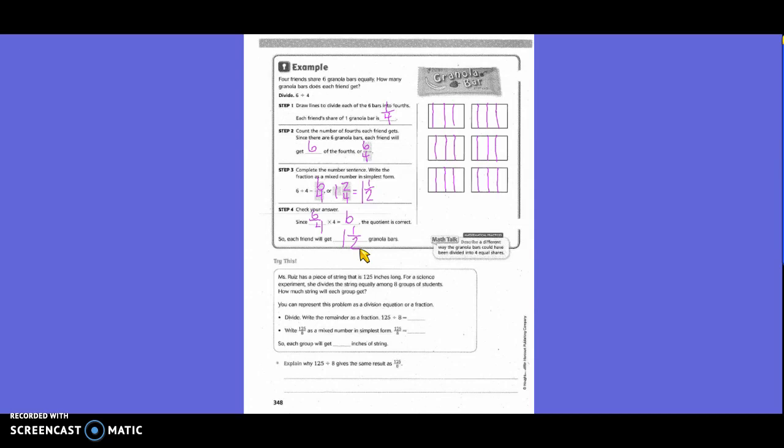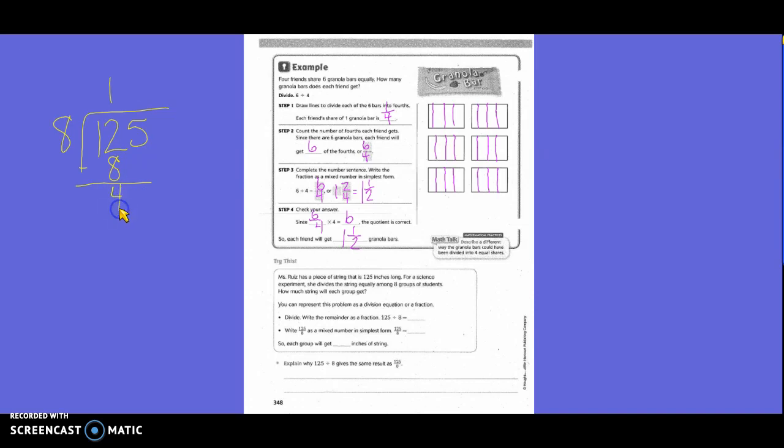So if we took 125 divided by 8, how many times does 8 go into 12? Once. 1 times 8 is 8. 12 minus 8 is 4.